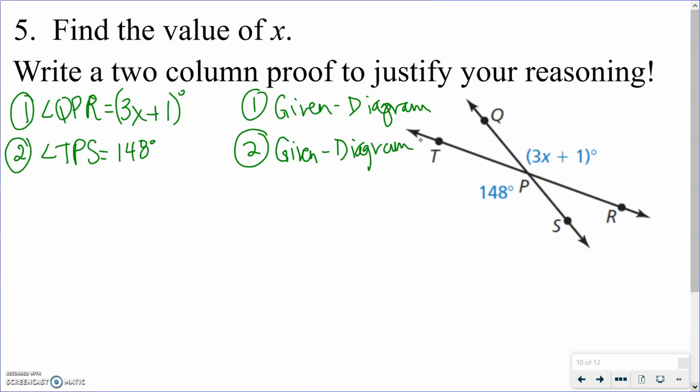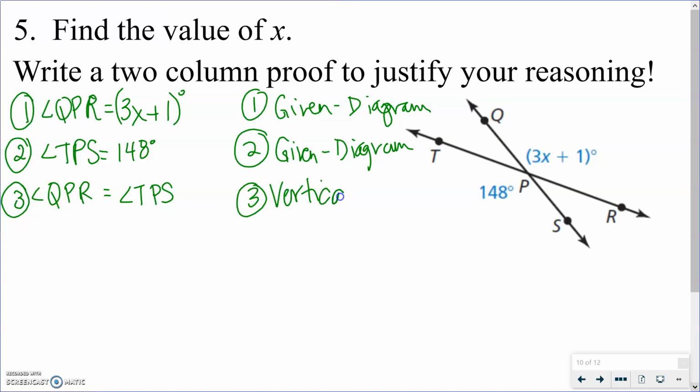Well, and then I look at these and I'm like, oh, hey, look, QPR and TPS, they're vertical angles. So I'm going to say, okay, vertical angles means that they're equal. So angle QPR is equal to angle TPS. And I know that because they're vertical angles, and all vertical angles are congruent.